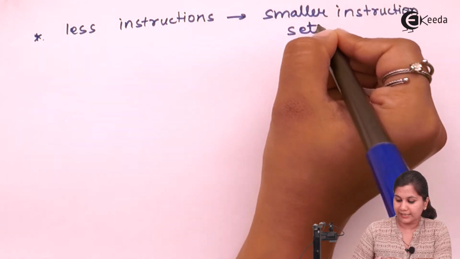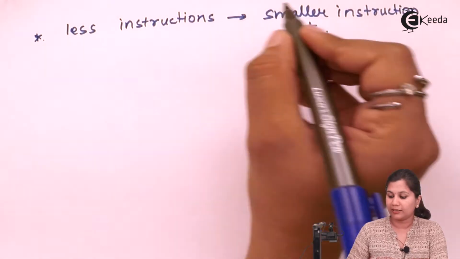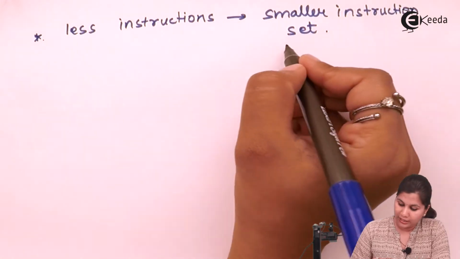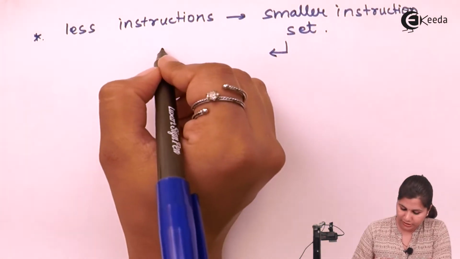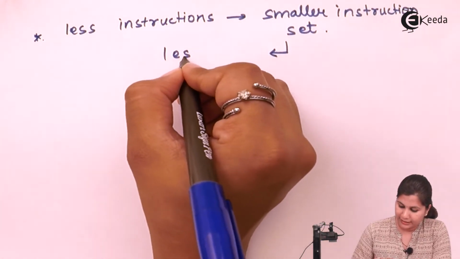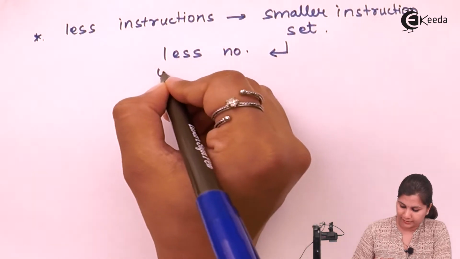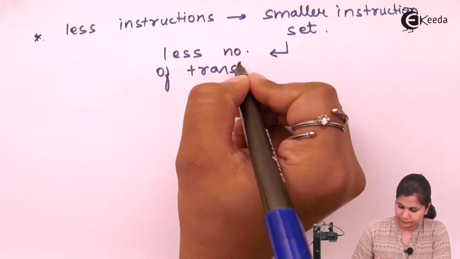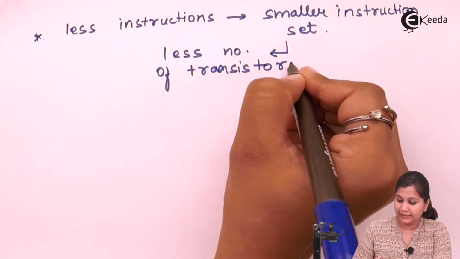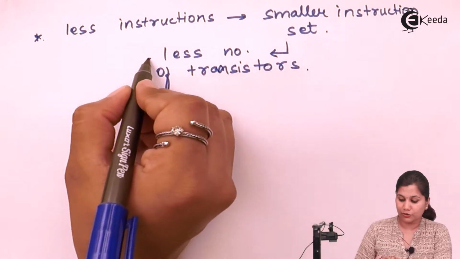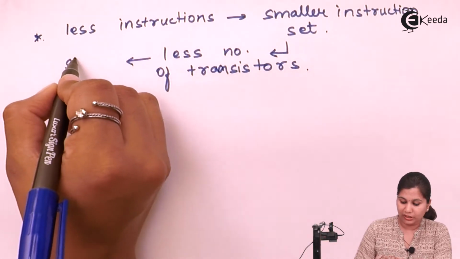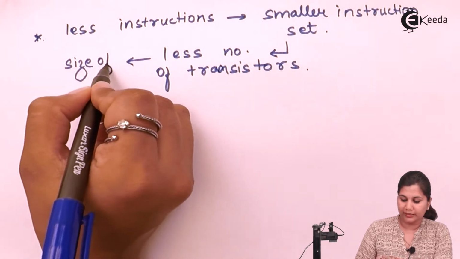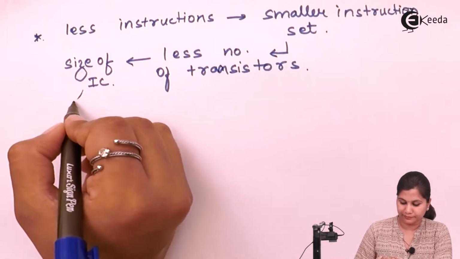With a smaller instruction set, they require fewer transistors, and as there are fewer transistors, the size of the IC is also reduced.